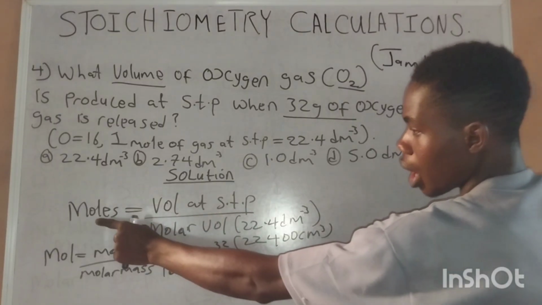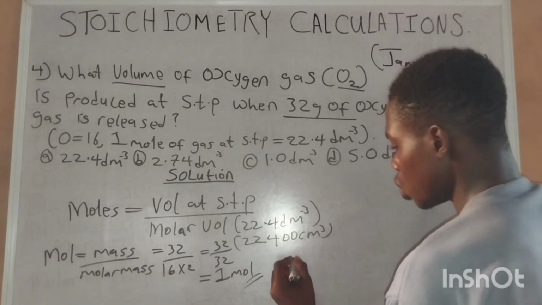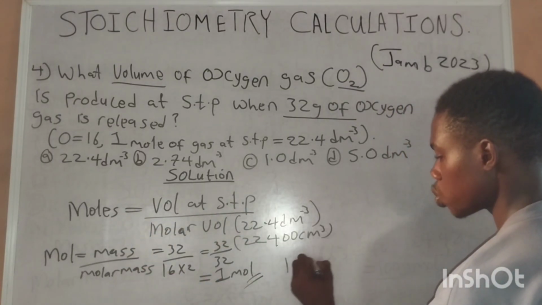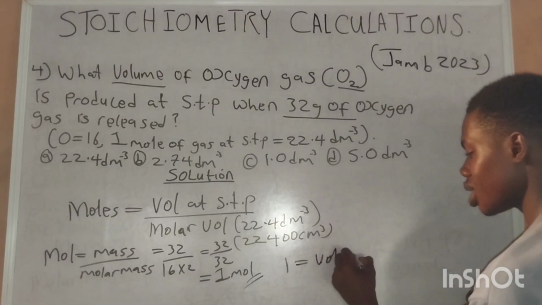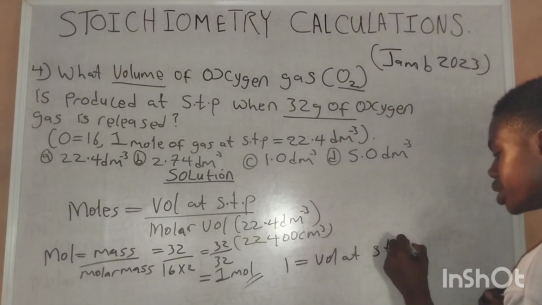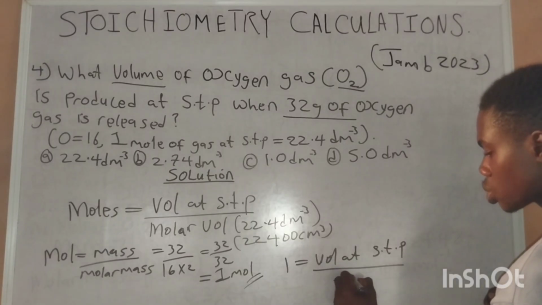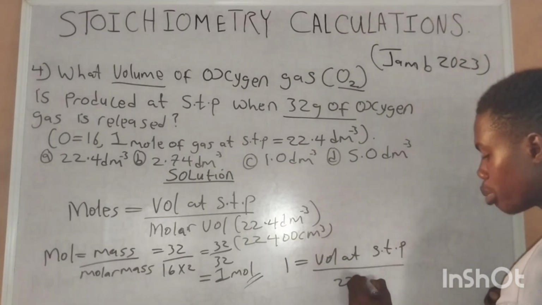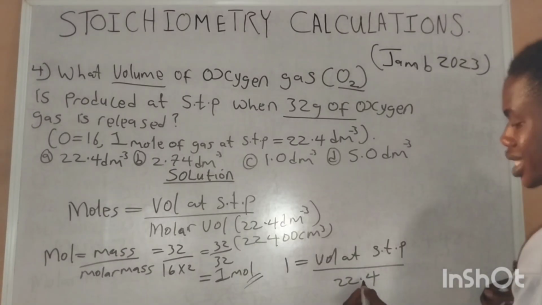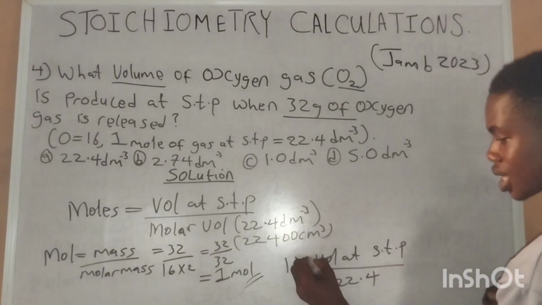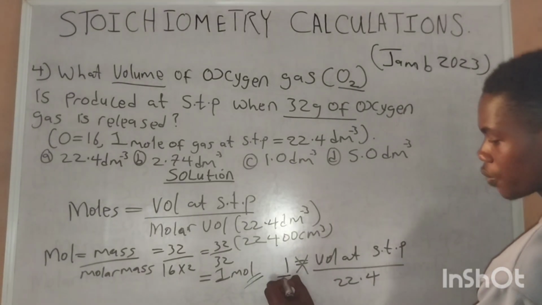Now we're going to input this 1 mole into the question. So our mole is now 1. So 1 equals volume at STP divided by 22.4 dm cube. Now what we're going to do here is cross multiply, so over 1 here.